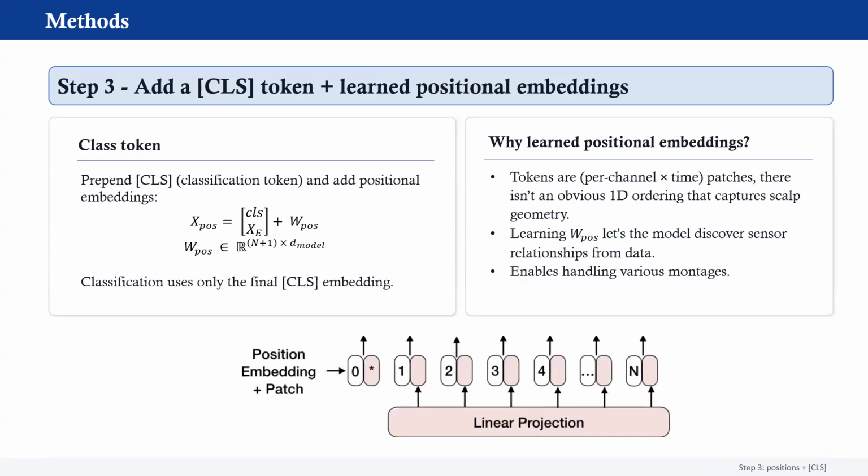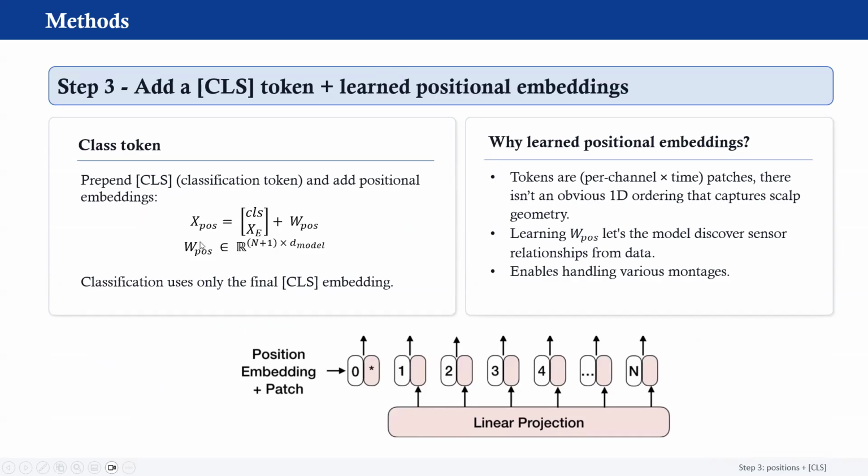Okay, so next we can come to our positional embeddings. Really simple, they add a classification token. That is what they'll use at the end. So just to go over the shapes, XC was N cross d model. Once you add a class token, it'll become N plus 1 cross d model.